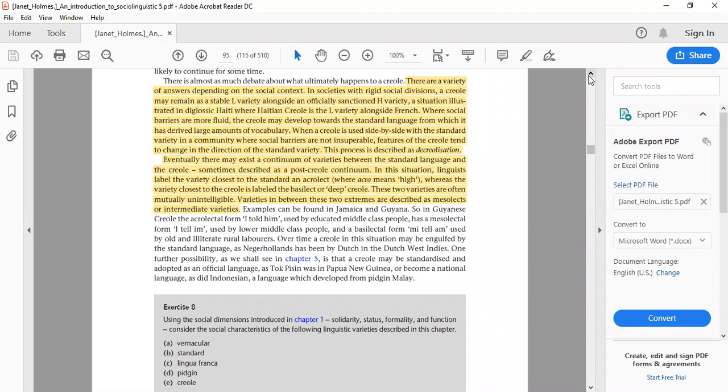Then can we call the acrolect the decreolized variety? Yes, you can call it. Okay. Yes, any other question?